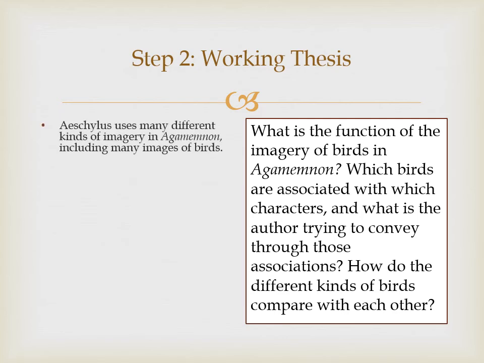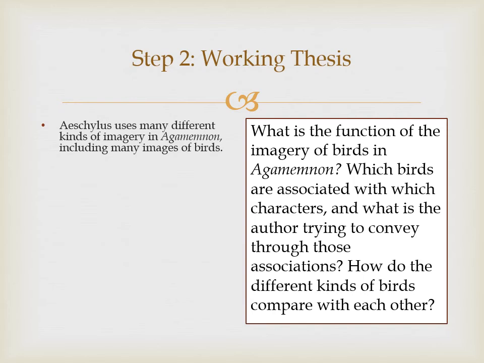Aeschylus uses many different kinds of imagery in Agamemnon, including many images of birds. Now, this is a very common type of early thesis statement I get. And it's common because people don't follow the process that I have suggested here. They start with the thesis. And what you might notice about this is that it contains no actual information that isn't already in the question.